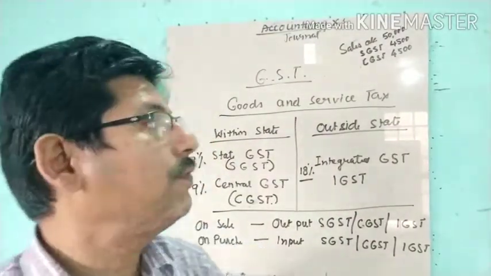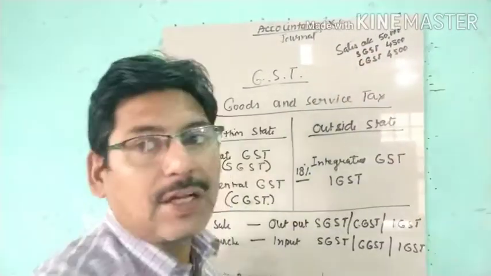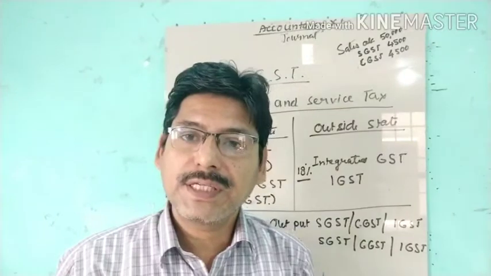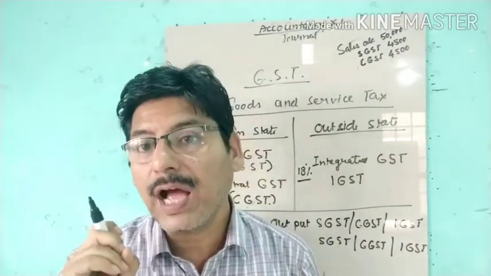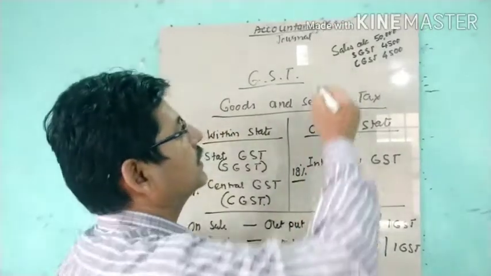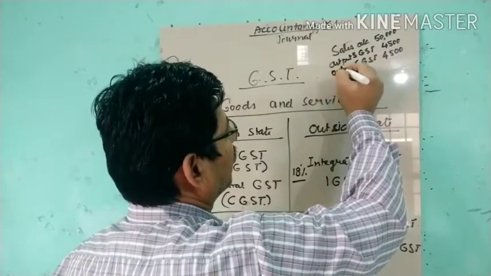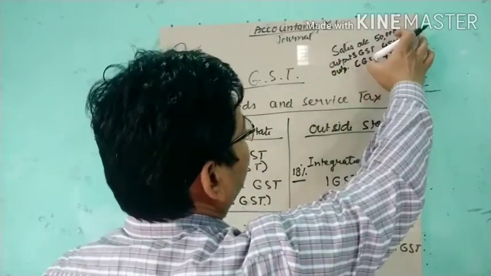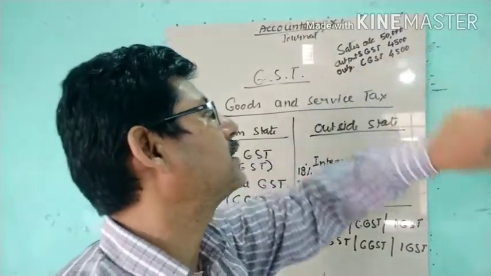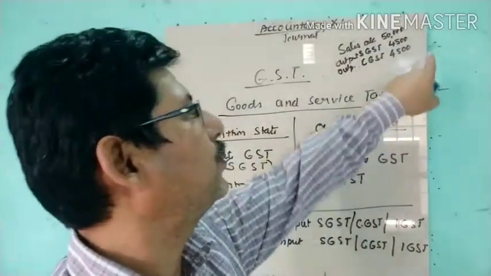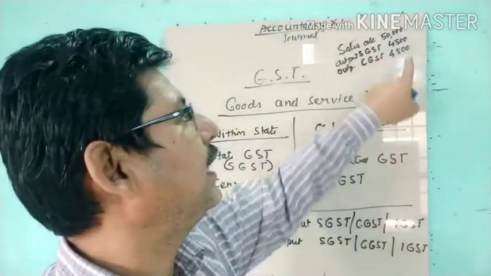So whatever GST we charge when selling the goods, we will mention here as output CGST and output SGST. So now the sale is of 50,000, output CGST and output SGST are both 4,500, 4,500. Total value of sale is 59,000.